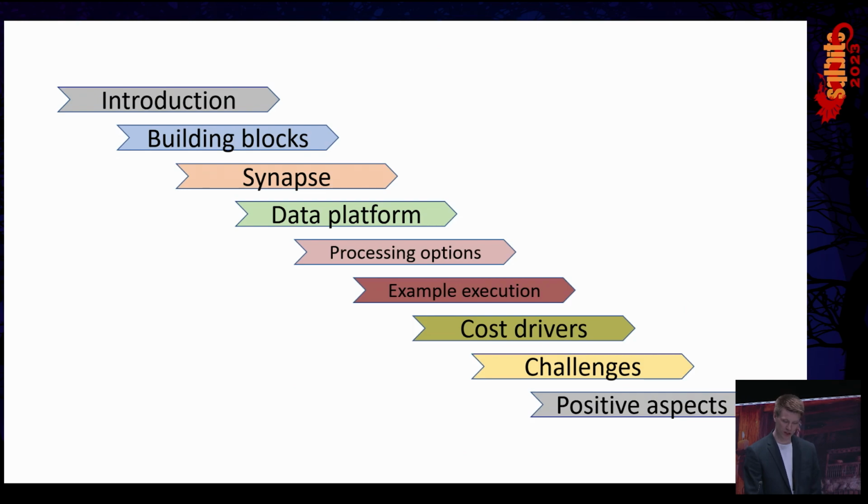And then I'm going to round off with talking about the cost drivers, what makes this expensive or cheap, because this is supposed to be low cost, so we want to keep it that way.